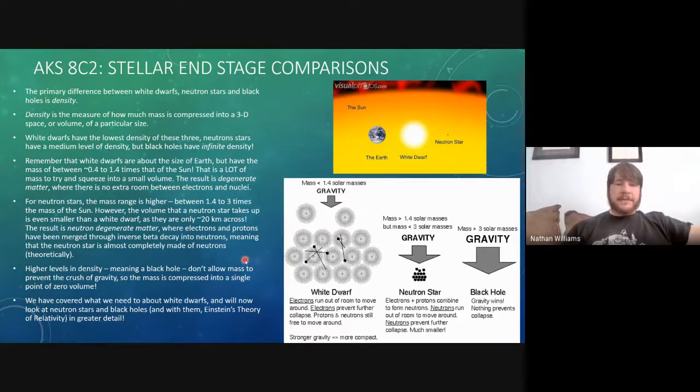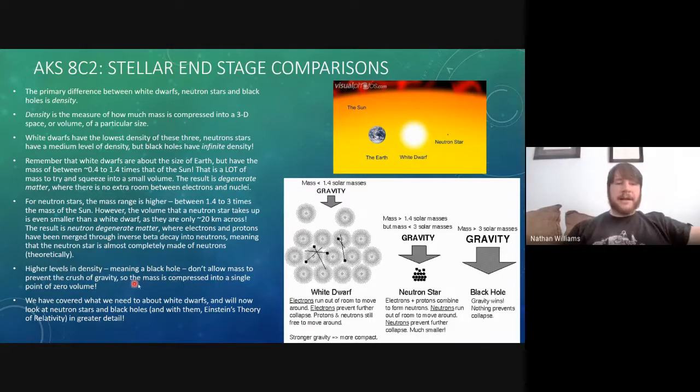So as far as we know, except for one exception we'll get to later in the lesson, neutron stars are about as dense as you can get and have a regular material object. If you try to take something 3 times the mass of the sun and condense it into a collapsing stellar core, then you're going to end up in a situation where there is no natural force, whether it's electron degeneracy pressure or, in the case of a neutron star, neutron degeneracy pressure, that can withstand the crushing force of gravity.